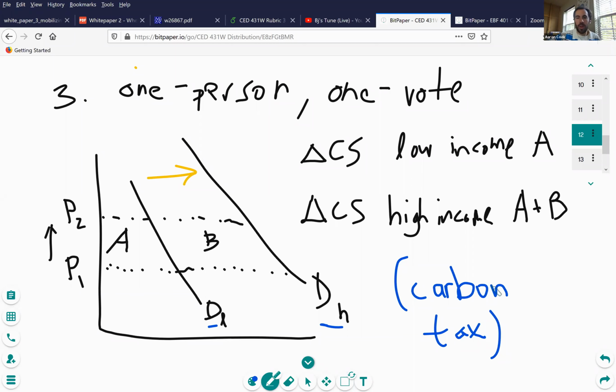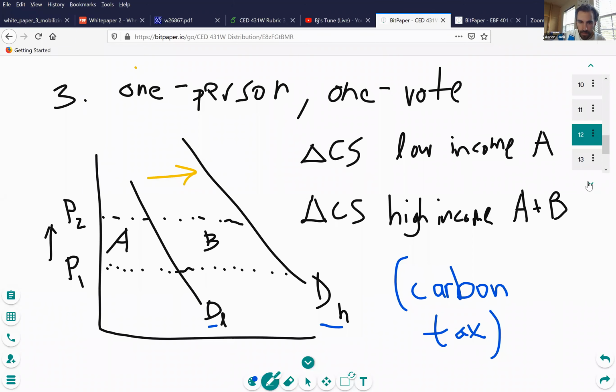And so it may get that evaluation backwards by assigning more weight to higher-income individuals, whereas in reality there might be a higher burden overall, from an overall human perspective, on low-income individuals.